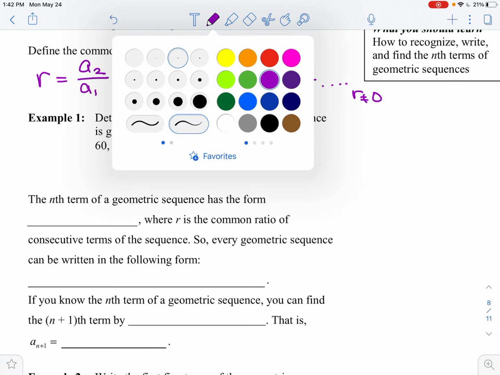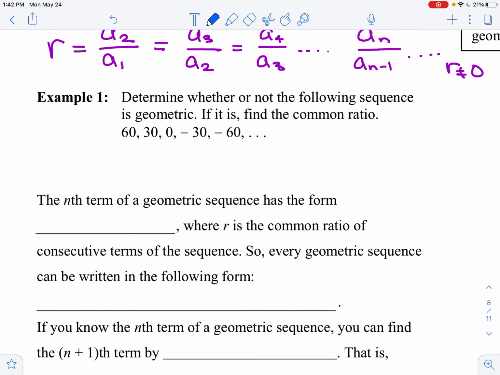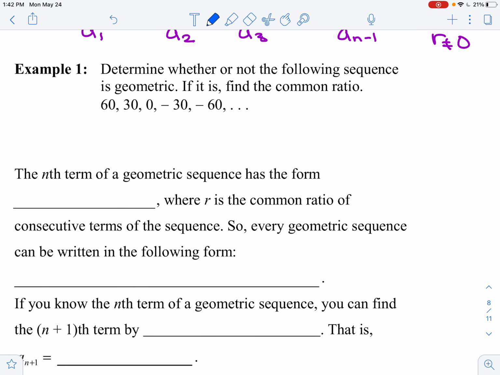So let's go ahead and do example number 1. It says determine whether or not the following sequence is geometric, meaning it has a common ratio. If it is, find the common ratio. So in order to see, we're going to check these two. I'm going to put a certain term and divide it by its previous term. We get that this ratio is 1/2 or 0.5.